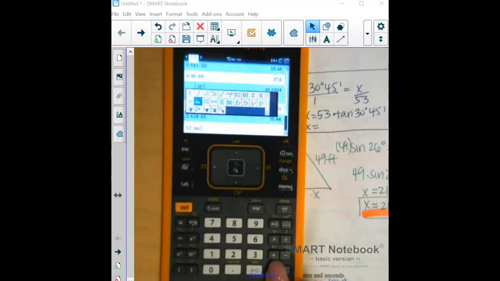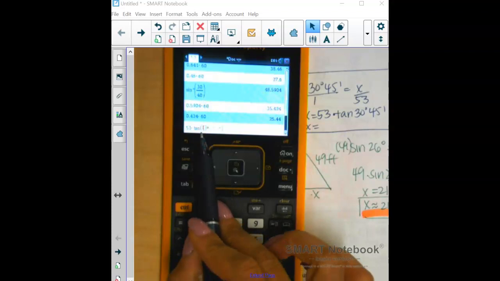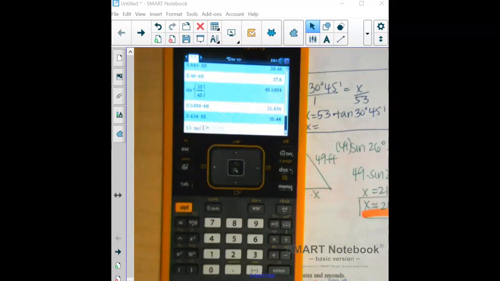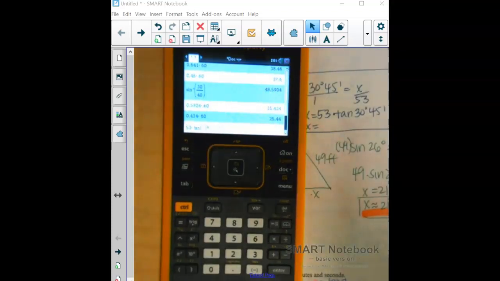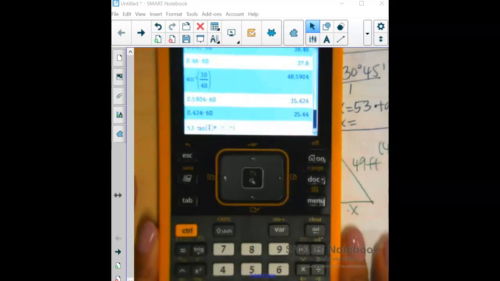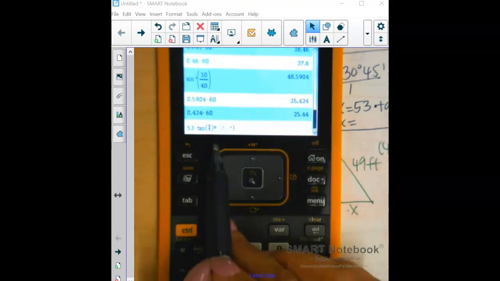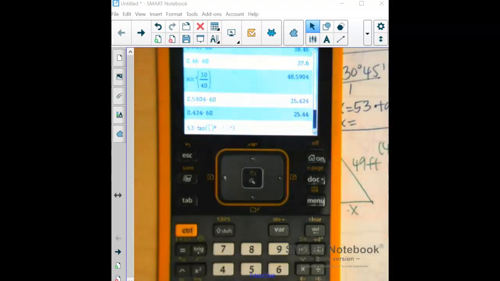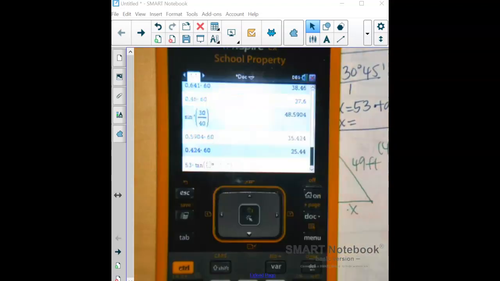Once you have that selected, hit enter and you should see degrees, minutes, and seconds pop up. In your calculator, you have the degrees, minutes, and seconds. I know it's a little difficult because of the glare, but there's a little degree symbol, a little minute symbol, and a little second symbol.